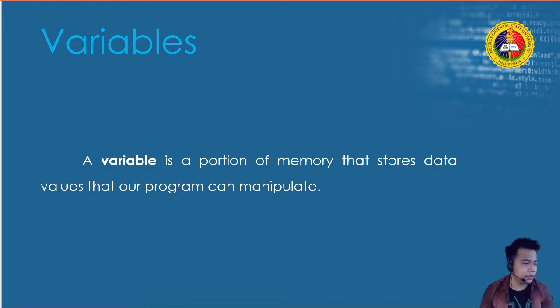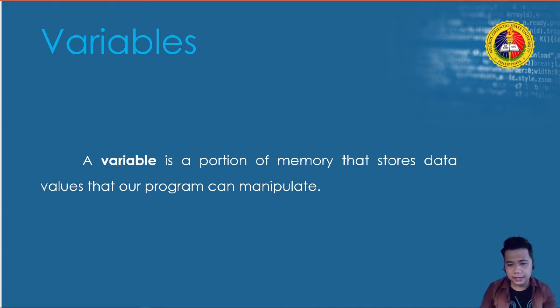A variable is a portion of memory that stores data values that our program can manipulate. And we all know that each variable in C++ has a specific type, which determines the size and layout of the variable's memory. That's why we've introduced the data types, the range of values that can be stored within that memory, and the set of operations that can be applied to the variable.